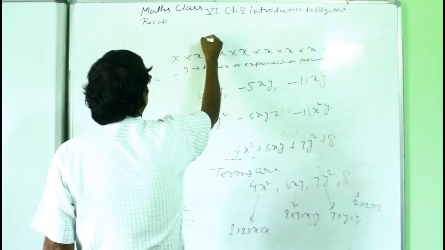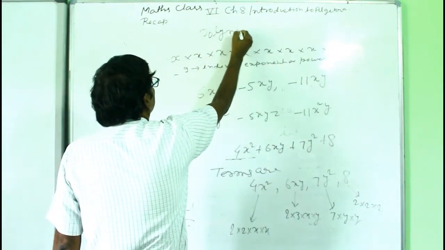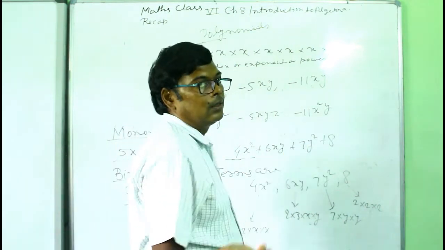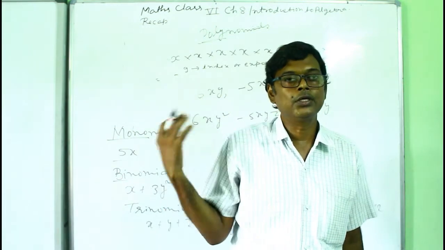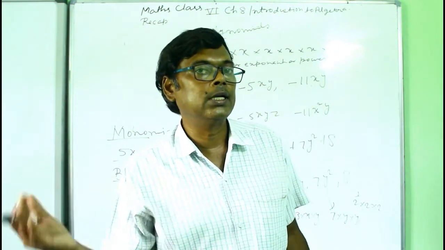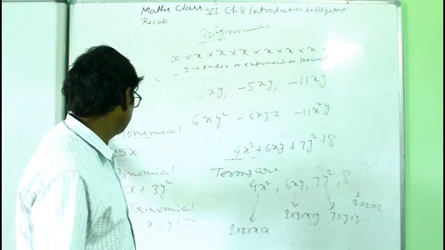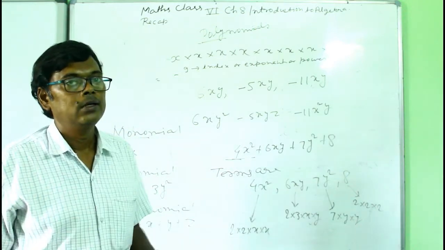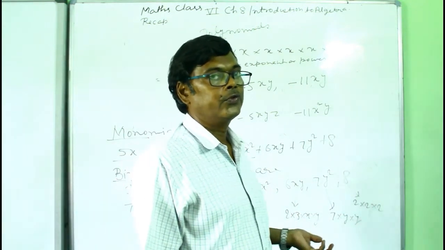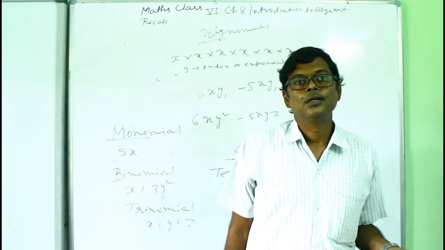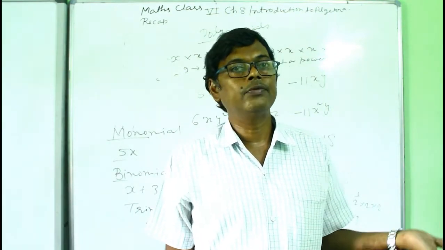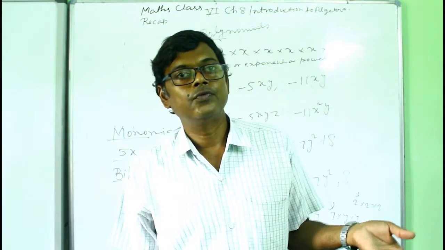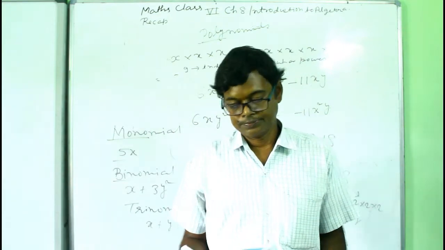We have special names for one term, two terms, and three terms: for one term it is monomial, for two terms binomial, and for three terms trinomial. But because it can have 4 terms, 5, 6, 7, 8 terms, we don't have a special name, and we call them polynomials.